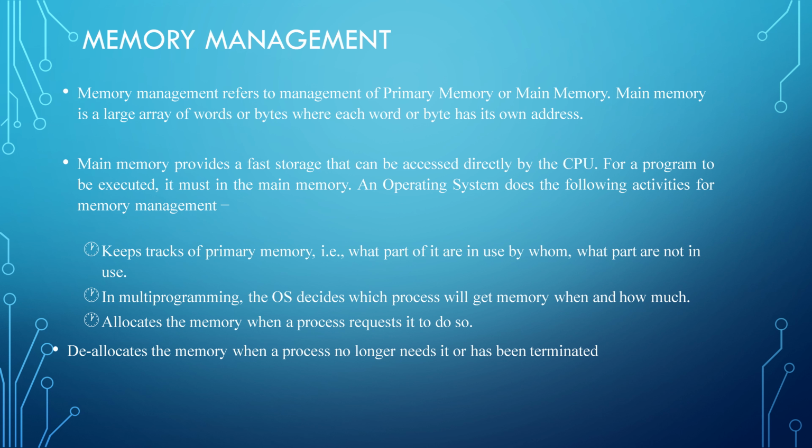Number two, in multi-programming, the operating system decides which program gets memory, when and how much. It allocates the memory when a process requests it to do so. It also deallocates the memory when the process no longer needs it or has been terminated.